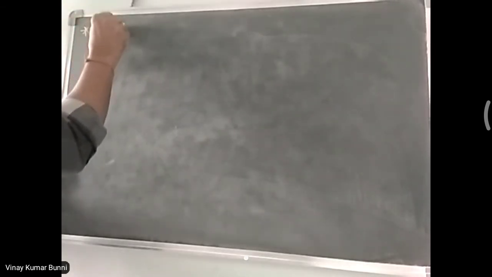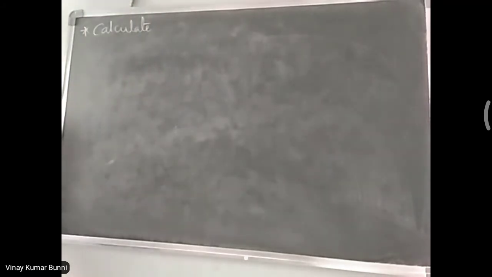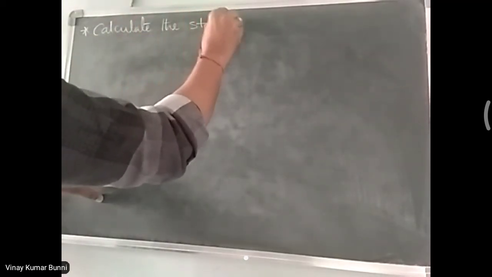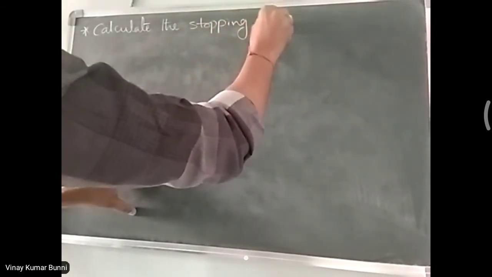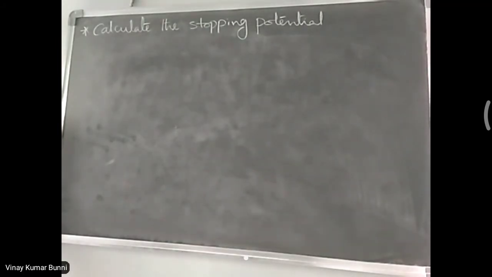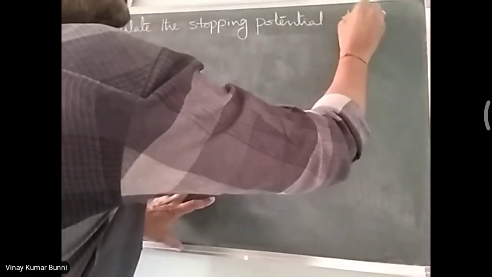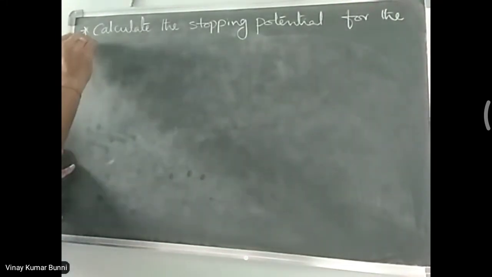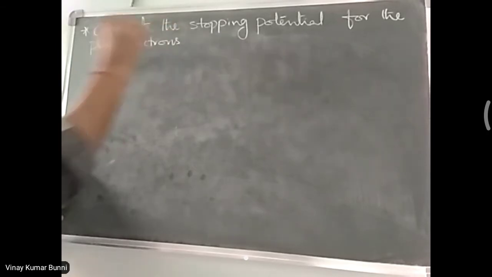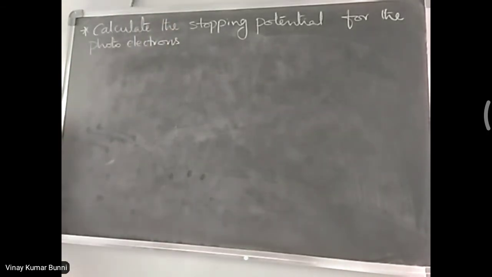So see the question: calculate the stopping potential for the photoelectrons emitted by gold cathode.